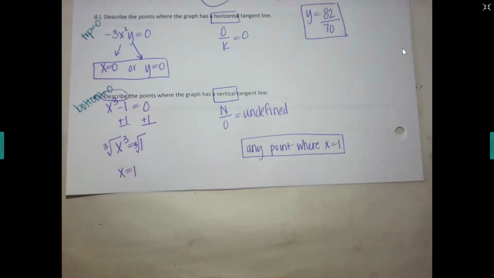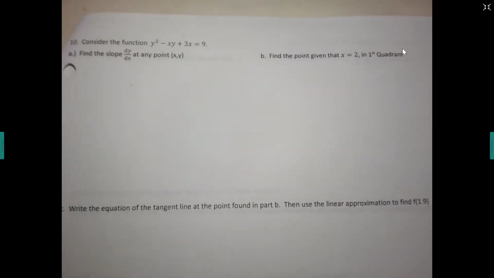All right, so go ahead and turn the page. All right, can you start off for me, please, number 10. The first thing I want you to do is identify which part is going to need product rule. So which of those terms is going to require you to do product rule on it? X, Y, very good.